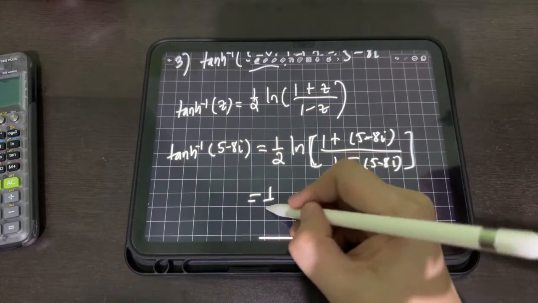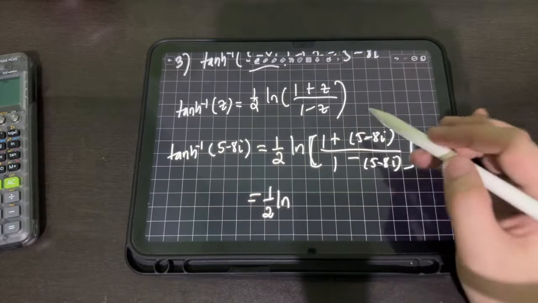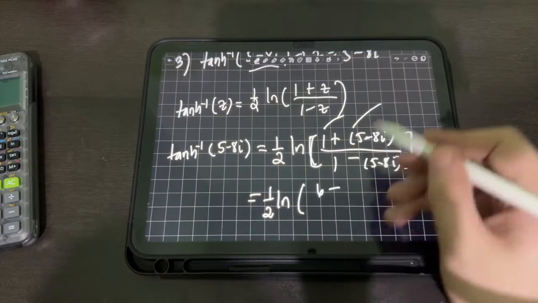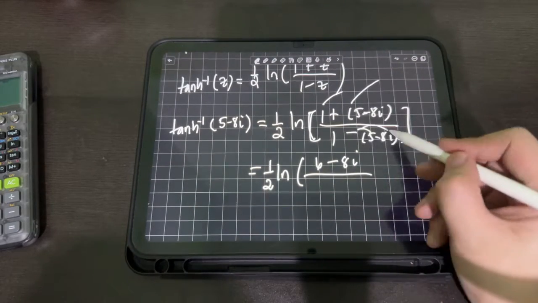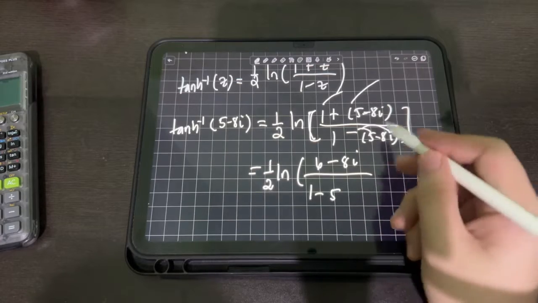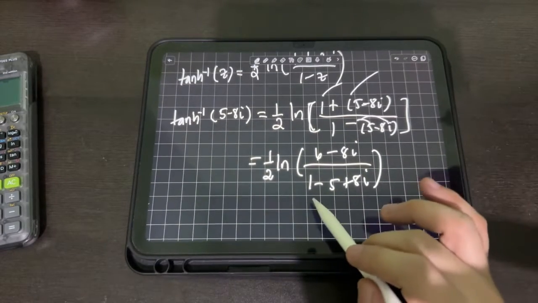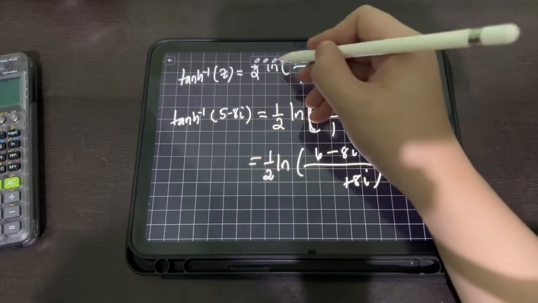So we simplify first the expression inside the ln. So you can combine 5 plus 1, that's 6, then minus 8i, over distribute this negative sign, 1 minus 5 plus 8i. So you can combine 1 minus 5 here, negative 4, right?